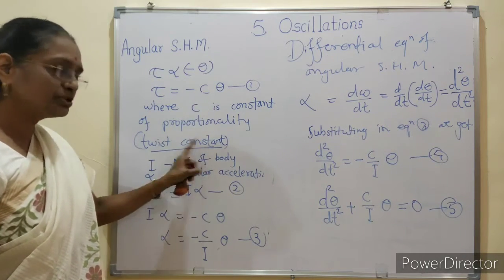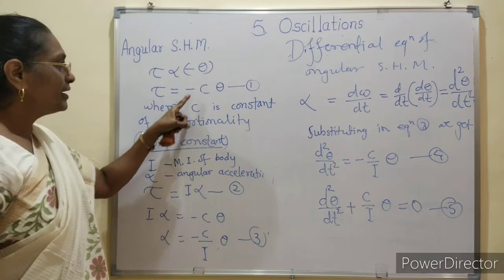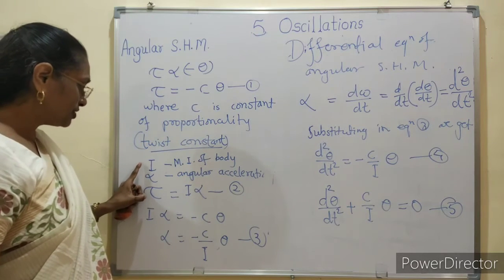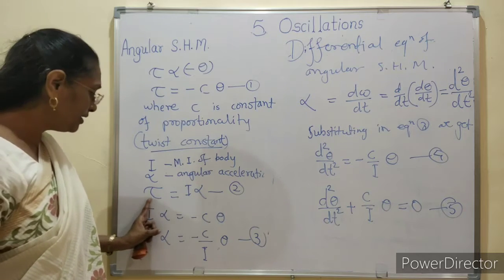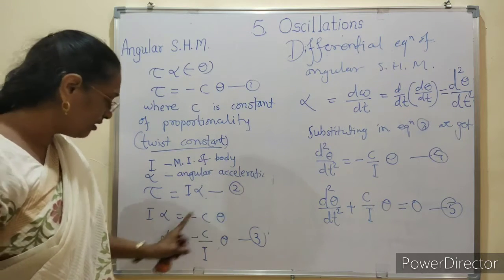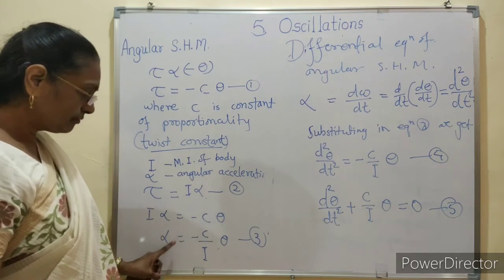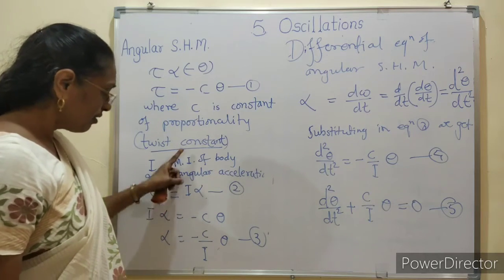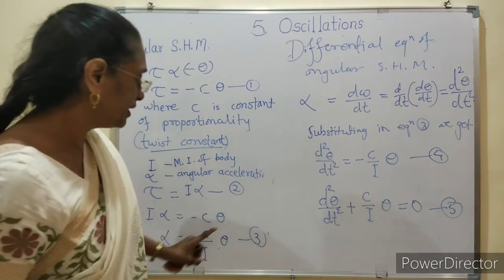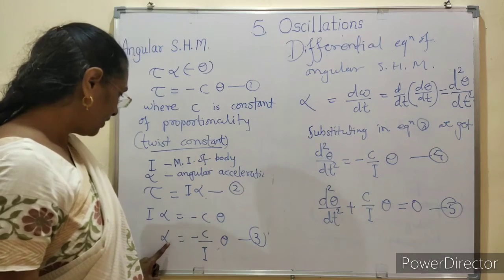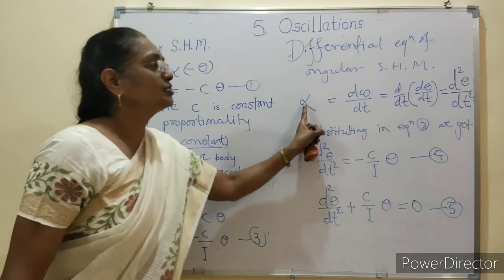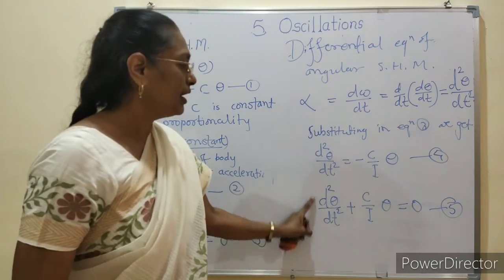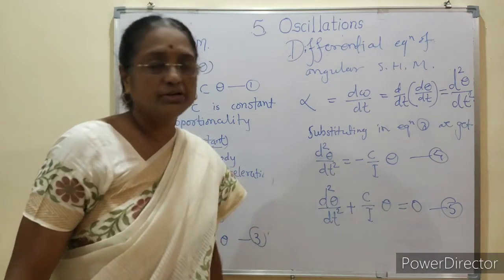C is the twist constant, defined as torque per unit angular displacement. Taking tau is equal to I alpha, the familiar equation, and equating the right hand sides of both equations, we get alpha is equal to minus c upon I into theta. Alpha can be substituted as the double derivative, and then we obtain equation number 5.